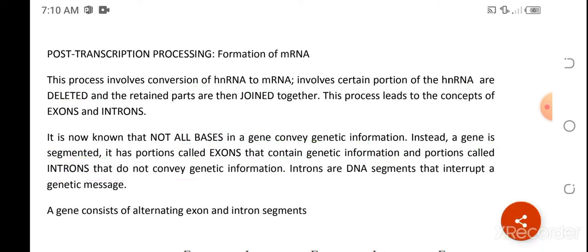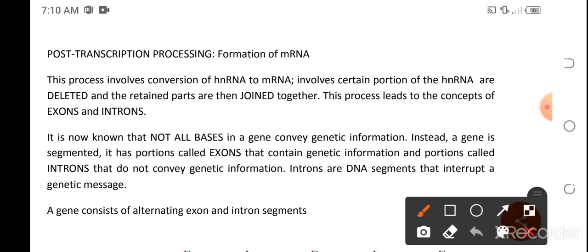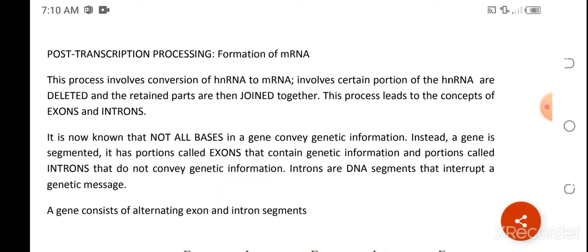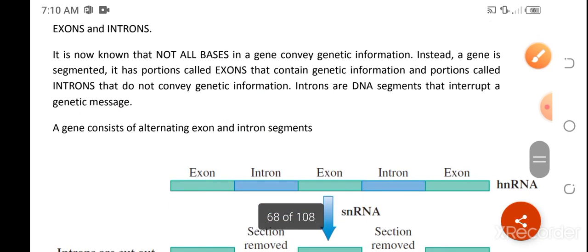Okay? But bakit kailangan tanggalin ang mga introns? Because they may interrupt the genetic message. Kasi nga kung a portion of the gene may message dito tapos wala, tas meron, tas wala, of course, this information would be interrupted kasi nga wala ngang laman yung introns.